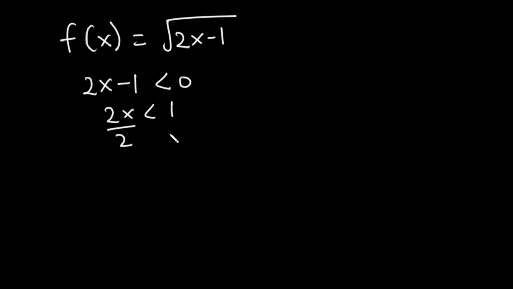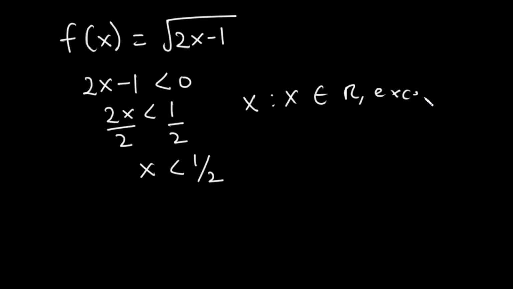We divide both sides of the equation by 2, and then we have x < 1/2. This means that any value of x less than 1/2 will make the function undefined. So the domain can be written as: x is the set of all real numbers except x < 1/2.